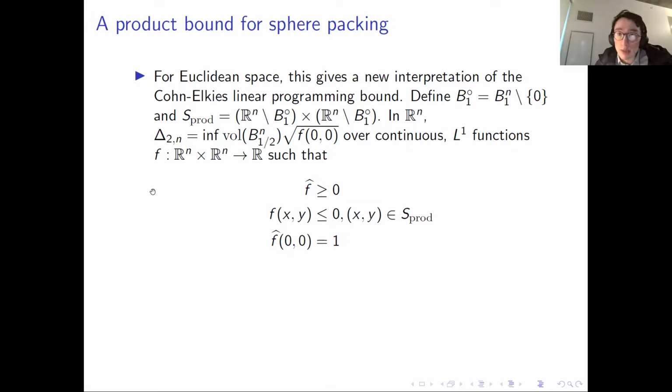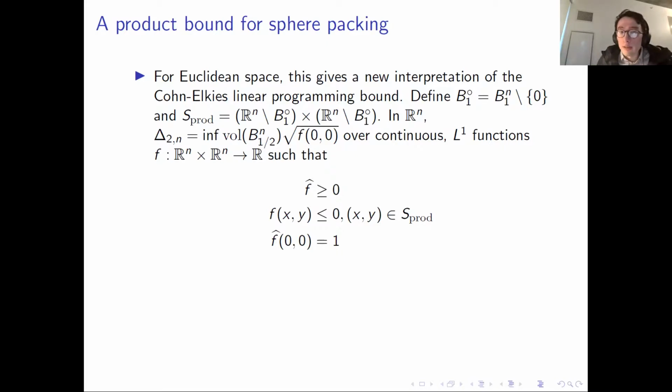And now we're working with continuous L1 functions on R^n cross R^n, which are O(n) invariant, or O(n) cross O(n) invariant here. And you similarly have a condition where you need control over a function and its Fourier transform.